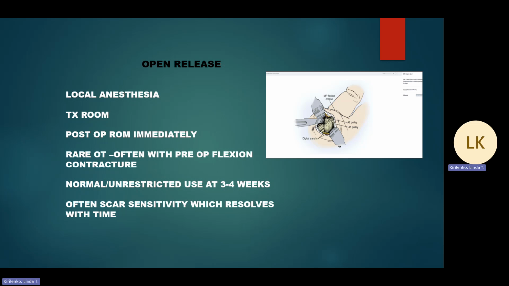If they do have a flexion contracture or severe scar sensitivity, you may need to contemplate occupational therapy, but usually the scar sensitivity resolves gradually with time. You should save yourself the grief post-operatively by advising the patient that they can anticipate that the scar will be sensitive for a while.